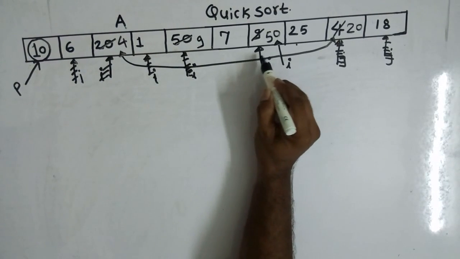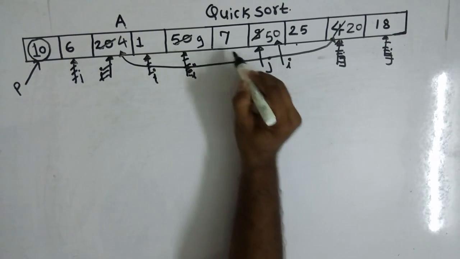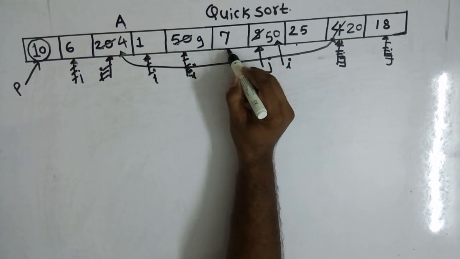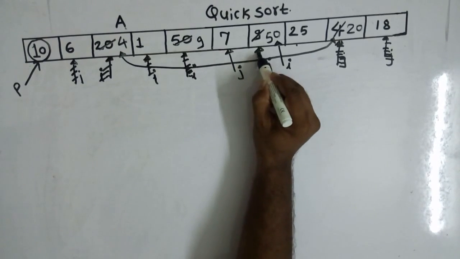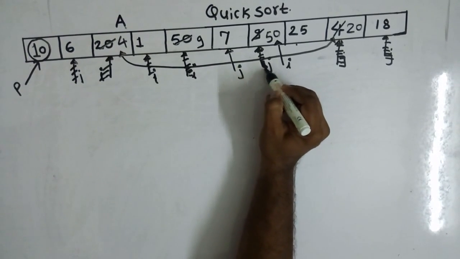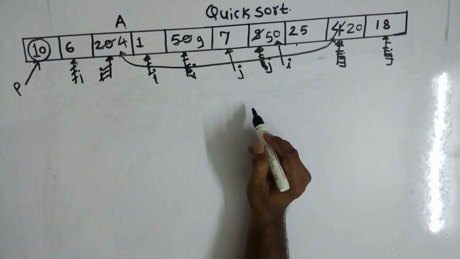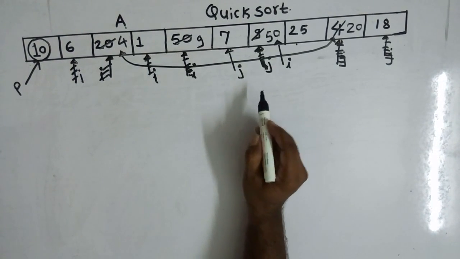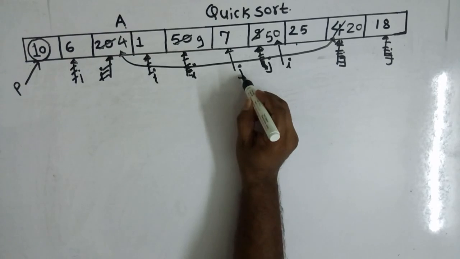Now decrement j till we find the element lesser than pivot. Go to this place. So here I have 7, so 7 is less than pivot, so our j will stop as soon as it sees the element less than pivot. Now if you observe, this time i and j have crossed each other, that means i has become greater than j.